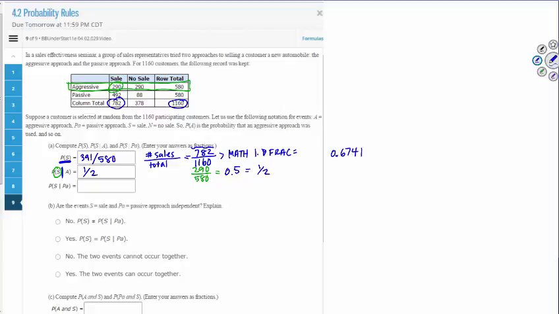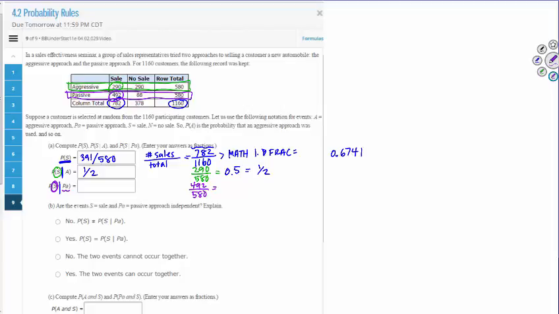Now let's look at the number of sales we get given that we're having a passive approach. So the passive approach is this row. 580 customers also received the passive approach, and the number of sales in the passive approach were 492, much more than the number of sales in the aggressive approach.